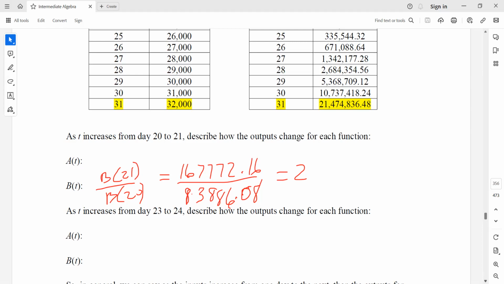Now, what about if t increases from day 23 to 24? Again, it's going to be the same thing. So you're going to have 24 from the table.